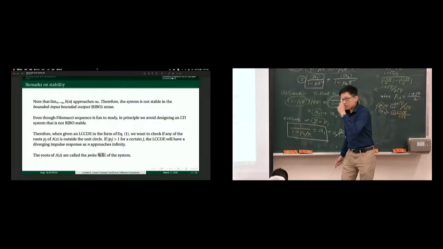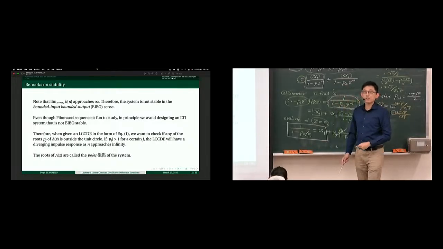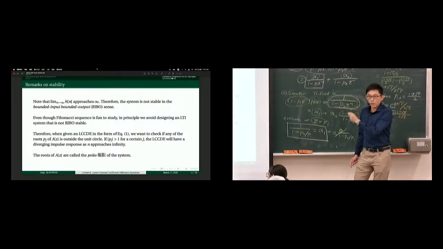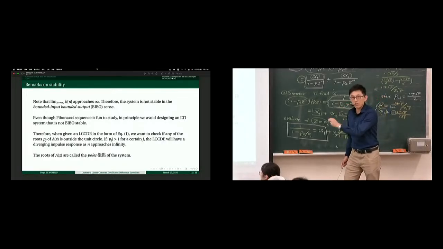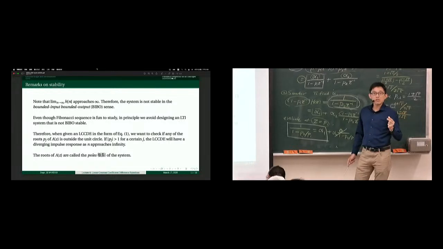Just one example, and that system is unstable. So it's easier to prove a system is not stable. Just give me one example of bounded input, unbounded output. One example will suffice.